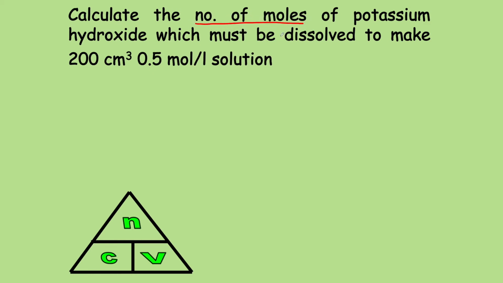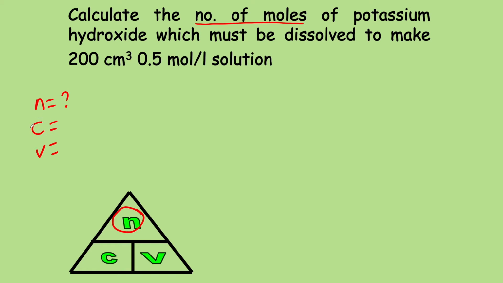It wants n. That means we don't know what n is, that's what the question is asking for. So it must give us our concentration and our volume, or give us a way to figure it out.